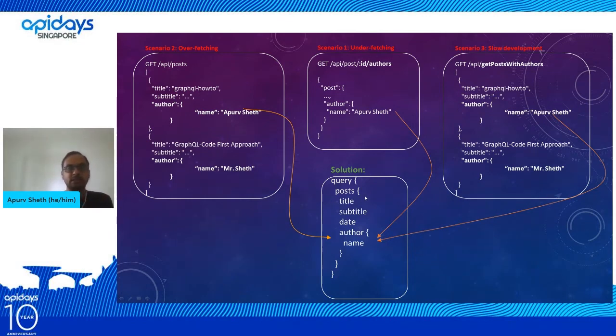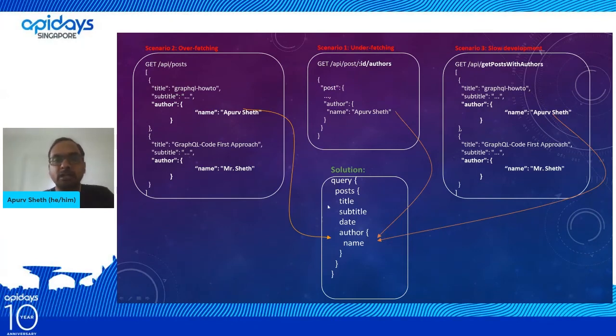If you look at the GraphQL query solution over here, for this we are using the API posts endpoint. For the underfetching scenario, we were getting a separate endpoint for the authors. And in the third scenario we had a brand new endpoint which returns the author.